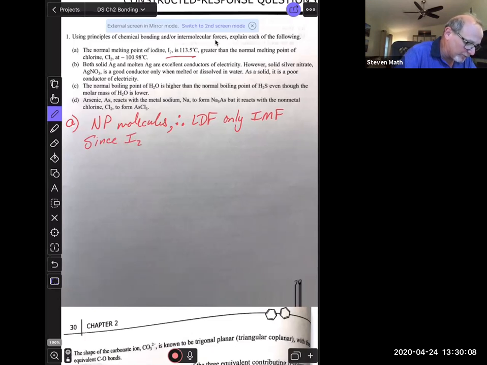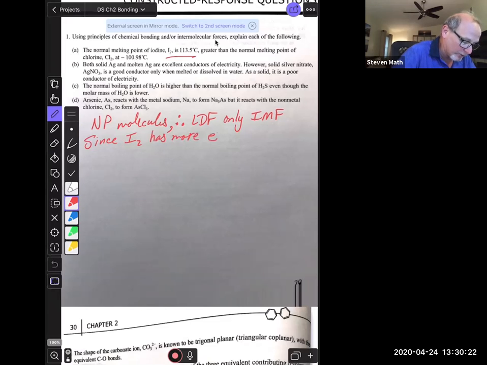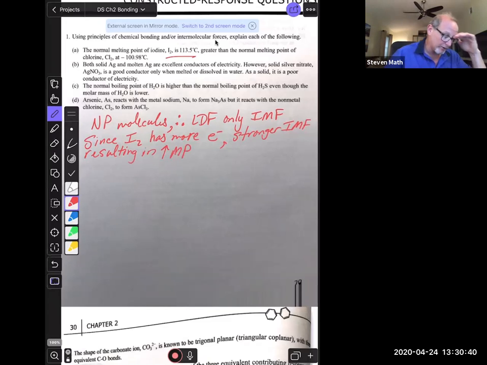Since I2 has more electrons, it's going to have stronger IMFs, resulting in a higher melting point.